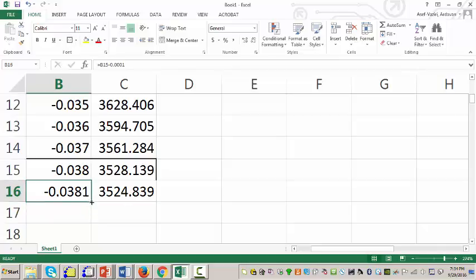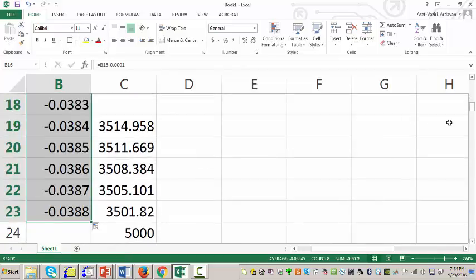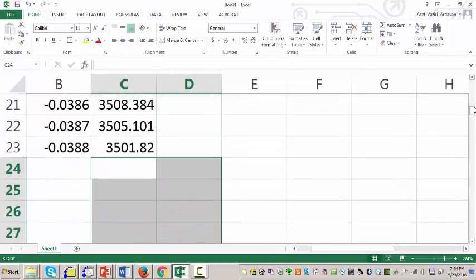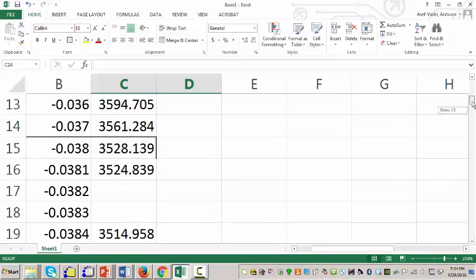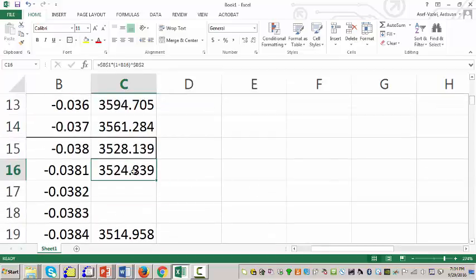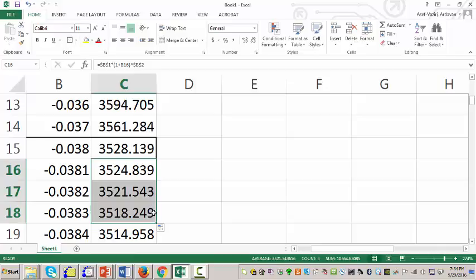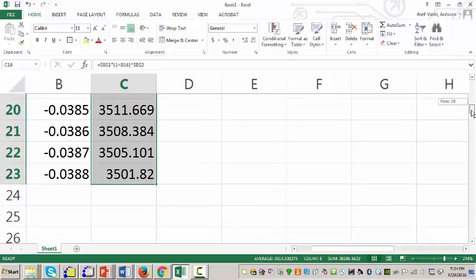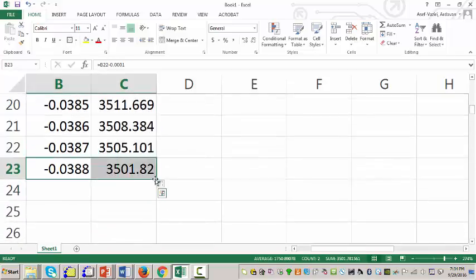Then I will copy down, and I copy those numbers down too, and then I will find my interest rate with more precision. If I look at here up to now, I know that, oops, I should go even.